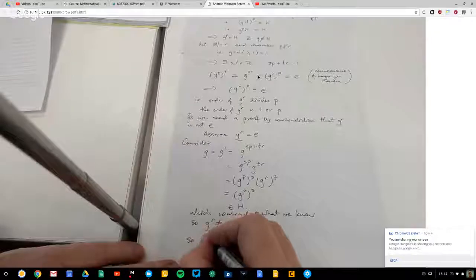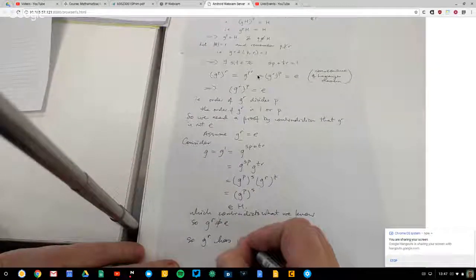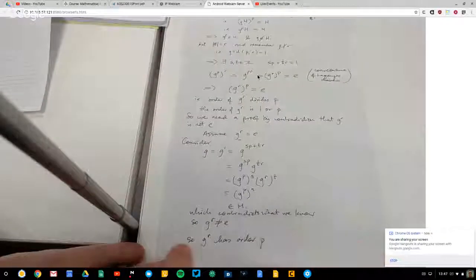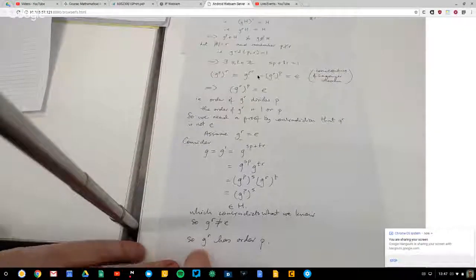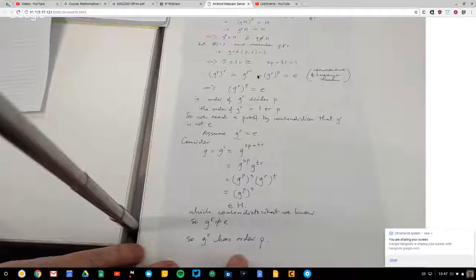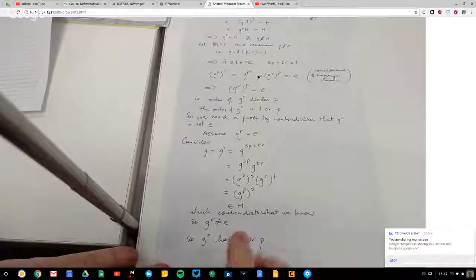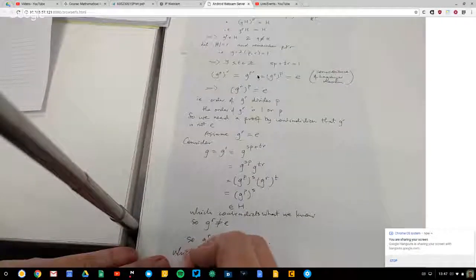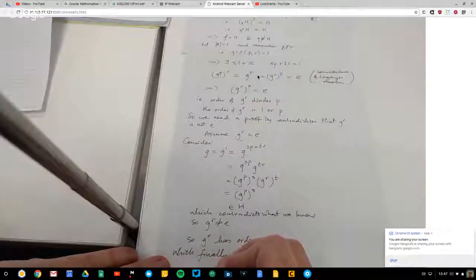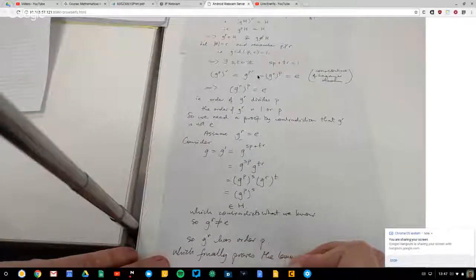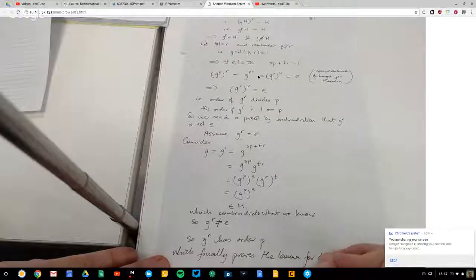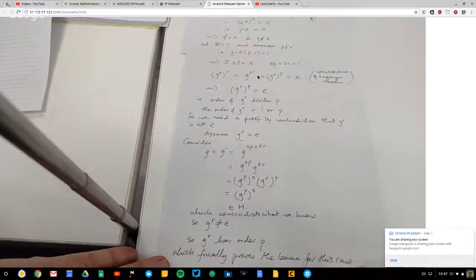So p is the only possibility remaining. g to the r has order p. So it's the element that the lemma was claiming existed. And here we proved it exists, because here it is. Which finally proves the lemma in this case. Finally proves the lemma for this case.